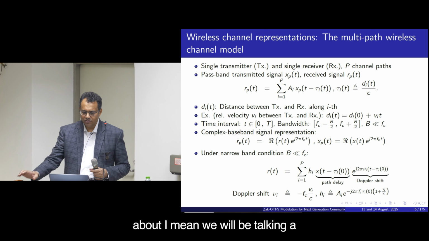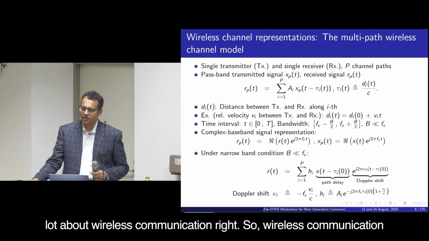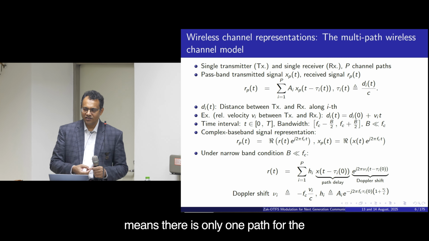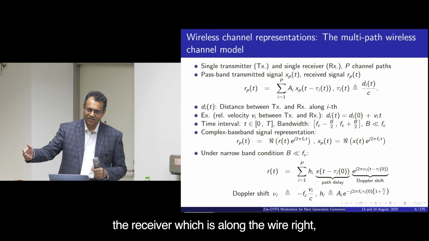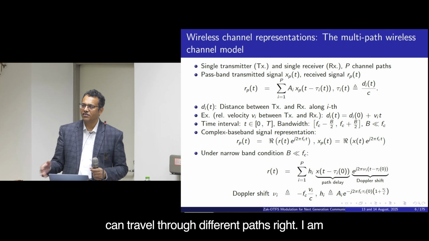We'll be talking a lot about wireless communication, right? So wireless communication is not like wireline. Wireline communication means there's only one path for the electromagnetic signal to go from the transmitter to the receiver, which is along the wire. But when it's wireless, the signal can travel through different paths.